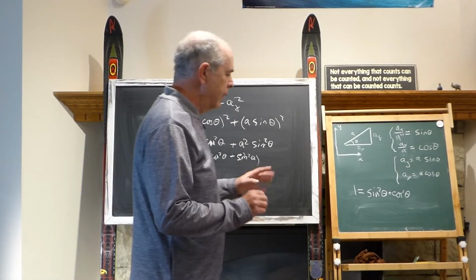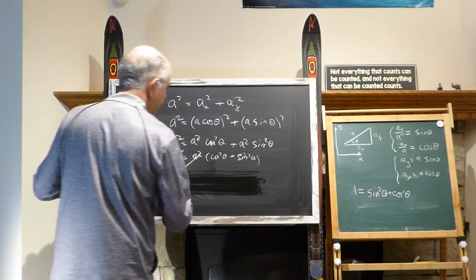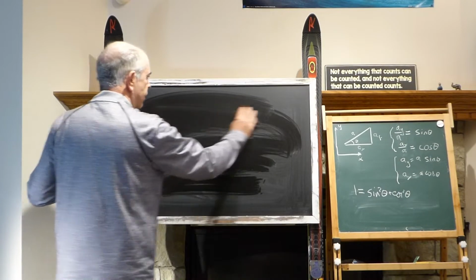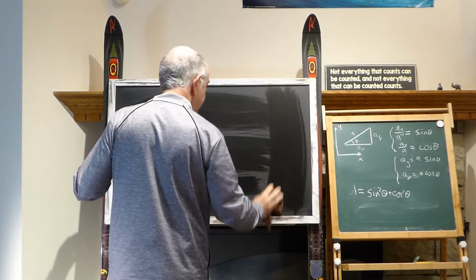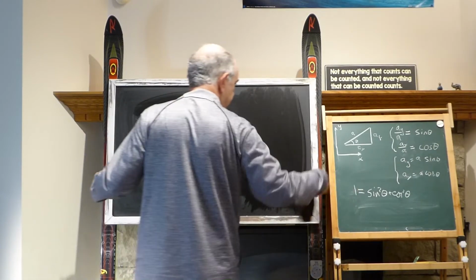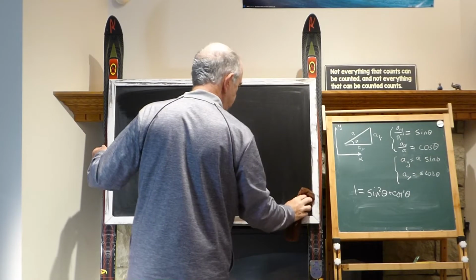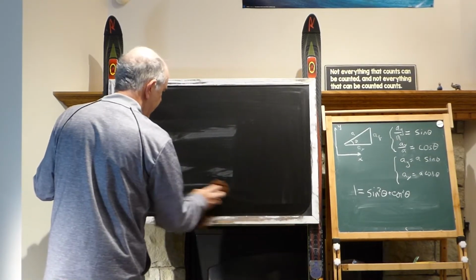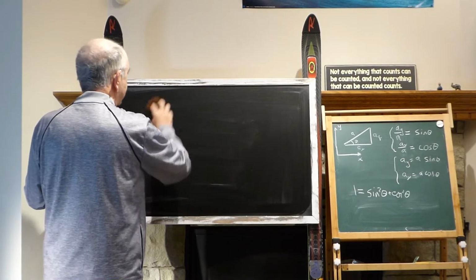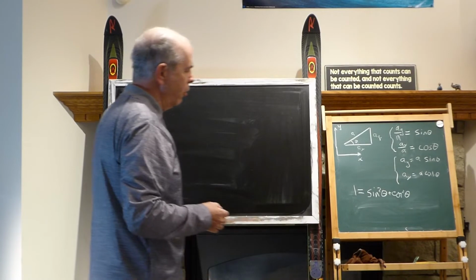Nothing new, nothing separate, but what it tells us is that whatever angle we take, if we know sine, we can easily find cosine from this equation. Move it to the other side, isolate the unknown, isolate sine if you already determined cosine, or isolate cosine if you determined sine.